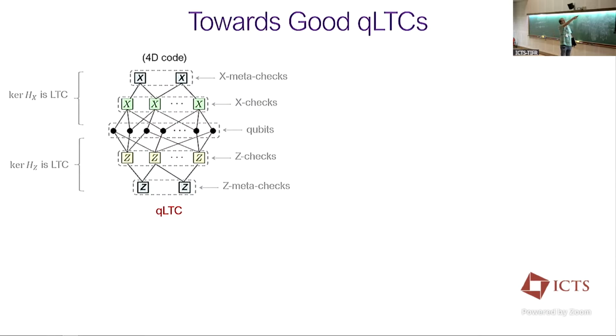We apply it to these layers because they have the LTC property, and we use exactly the same decoder, and it will give you a very simple decoder for quantum LDPC codes. For the quantum LDPC codes that we have right now, we have quite sophisticated decoders, but this decoder is much, much easier. So that is also why we're interested in QLTCs: they will give us very, very simple decoders.